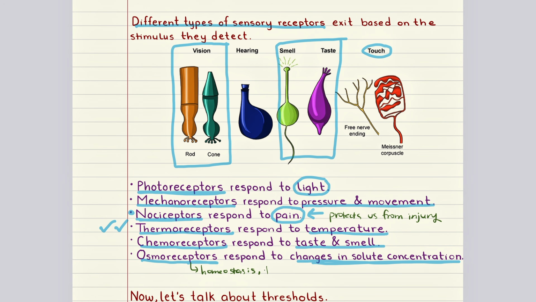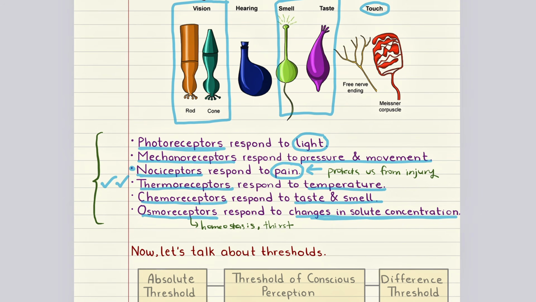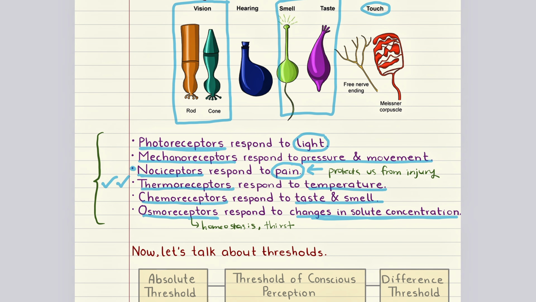Now, even though all of these receptors that we just covered respond to different kinds of stimuli, they're all still taking information from the environment and then converting it into a form that neurons can transmit and the brain can process. That conversion process is known as transduction.